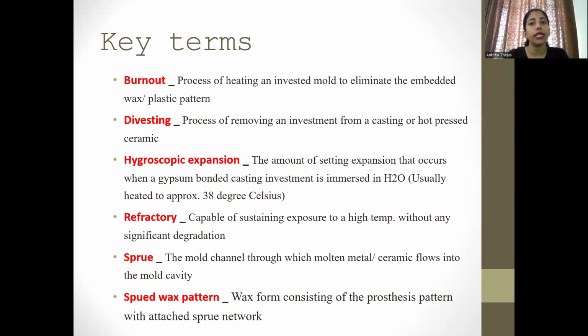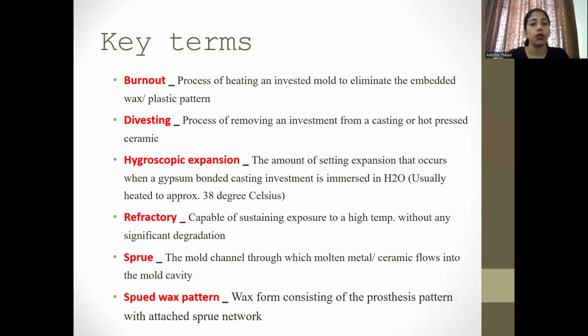It's the process of removing an investment from the casting or fortress ceramic. Hygroscopic expansion, it's the amount of setting expansion that occurs when a gypsum bonded casting investment is immersed in water. Next, we have refractory. What's a refractory? It's a material capable of sustaining exposure to a higher temperature without any significant degradation.